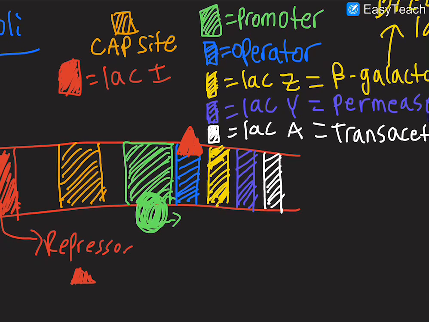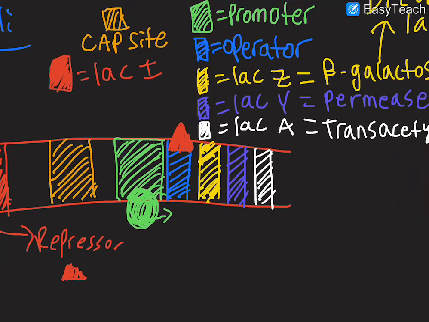So if a repressor is present, it's bound to the operator, which means RNA polymerase cannot advance and start transcribing these genes. All right, so that's that.